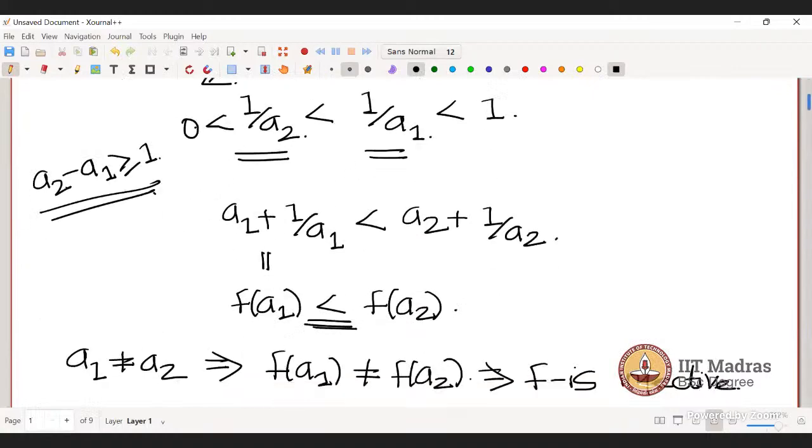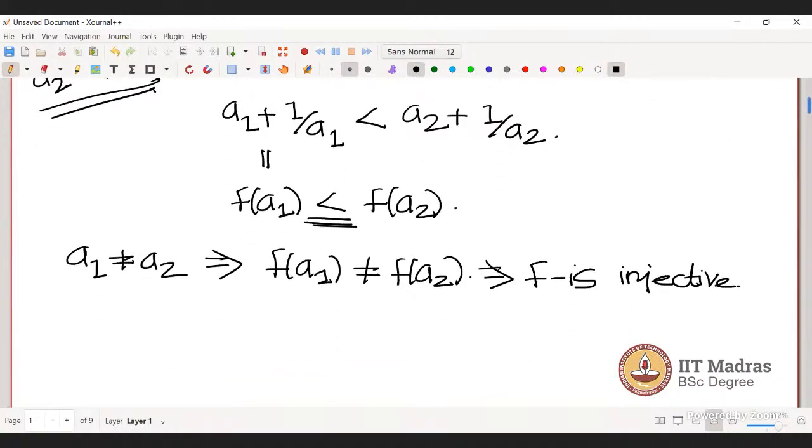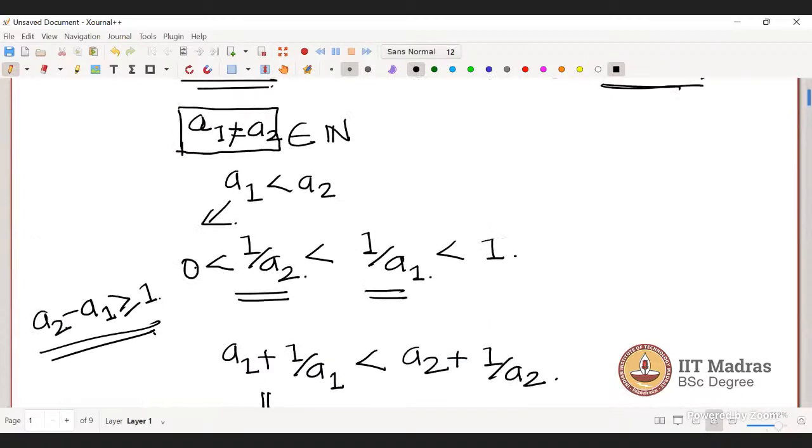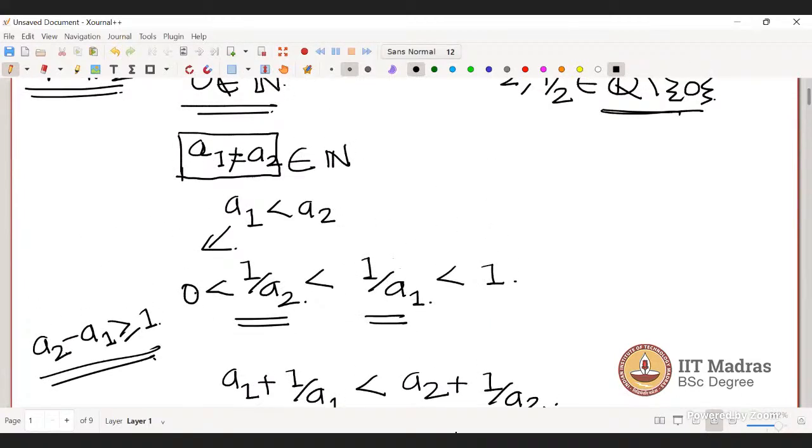Similarly, for the fourth option, f is injective in Z minus 0. You have to give the same argument that I gave for natural numbers. Okay.